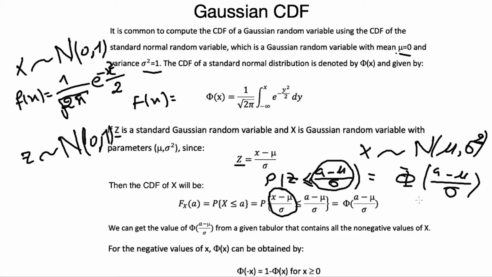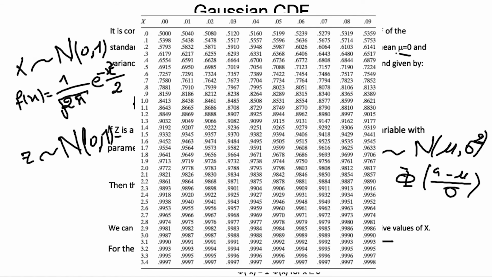So we now have phi of (a minus mu) over sigma, and to compute it, we usually get the phi of any value from a given table that contains all non-negative values of x. All of this table I will show you now is for the non-negative values of the standard random variable.